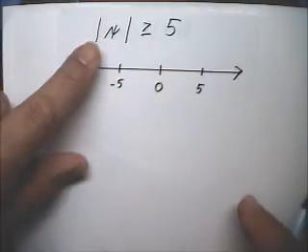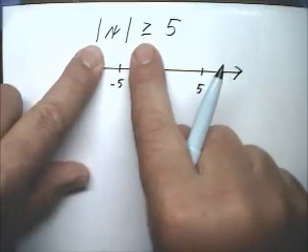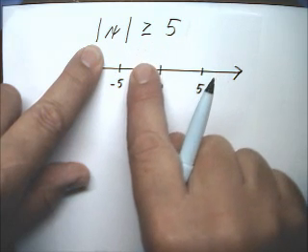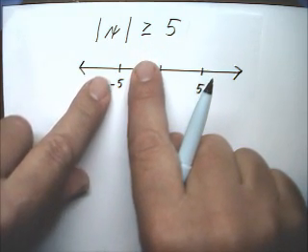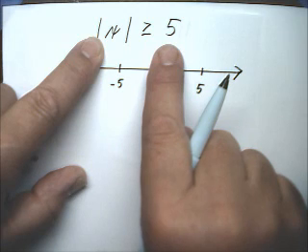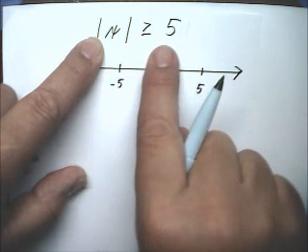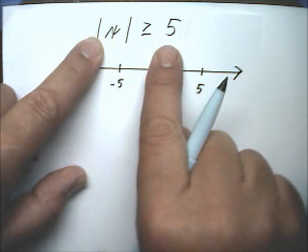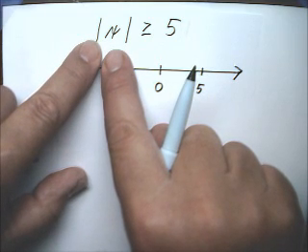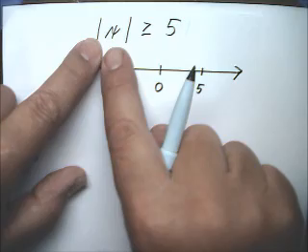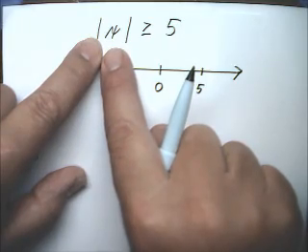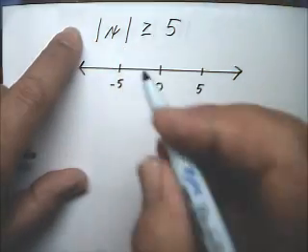And if we think of the opposite, the absolute value of x is greater than or equal to 5, well, the solutions are a little different. 6 works for this because the absolute value of 6 is 6, so 6 is greater than 5. Also, negative 6 works for this because the absolute value of negative 6 is 6, and 6 is greater than 5.